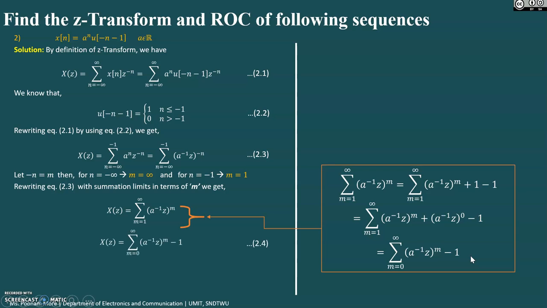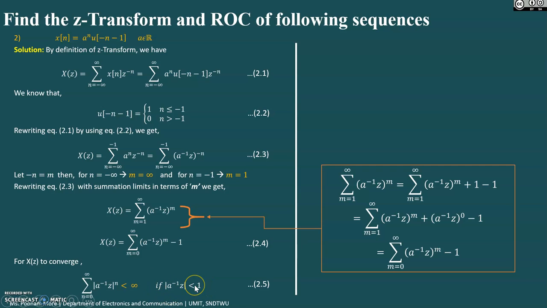Okay. So now for x of z to converge, we should have the summation less than infinity. That means the summation should be finite, and that is possible only when the magnitude of a inverse into z should be less than 1.